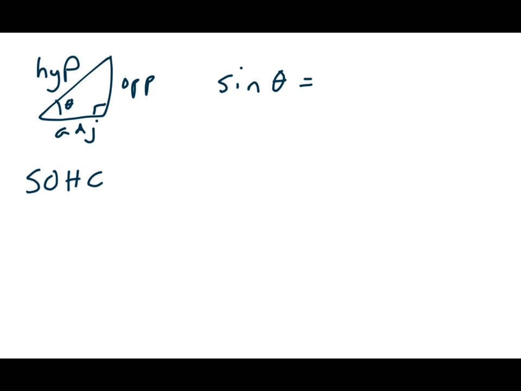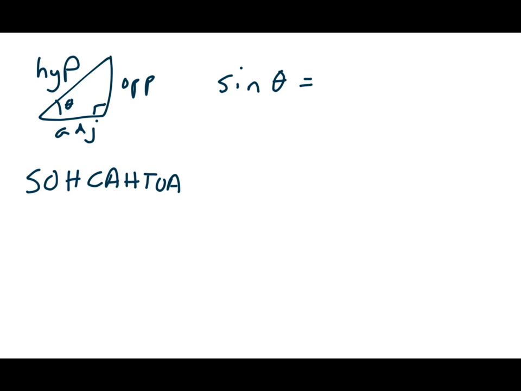Also, if I have side length theta on a right triangle, and this is going to be our adjacent side, this is my opposite side, and this is the hypotenuse. We know that sine of theta is, and remember, this is our SOHCAHTOA that I talked about.